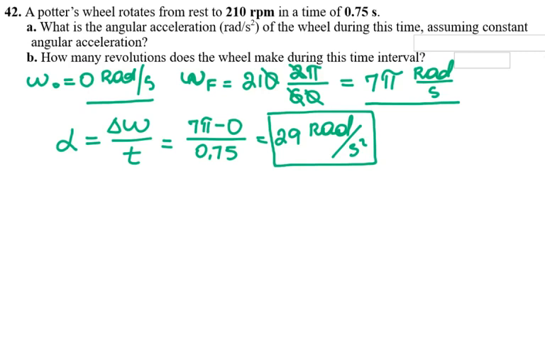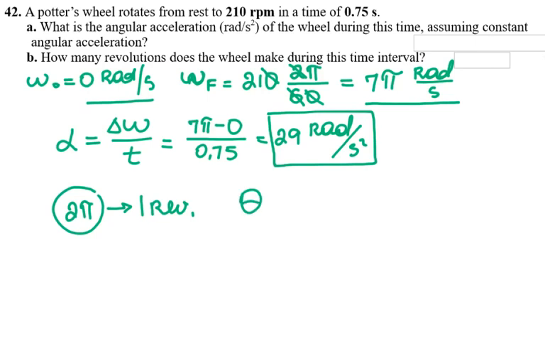Then the next question, they ask, how many revolutions does the wheel make during this time? So I know that one revolution makes the angular distance of 2 pi. So that would be one revolution. And I need to find out how many revolutions will happen over 0.75 seconds.